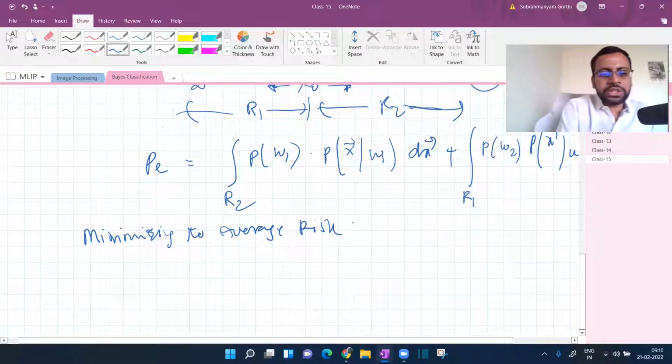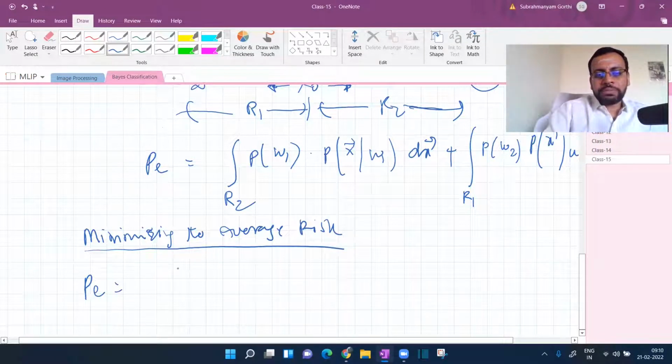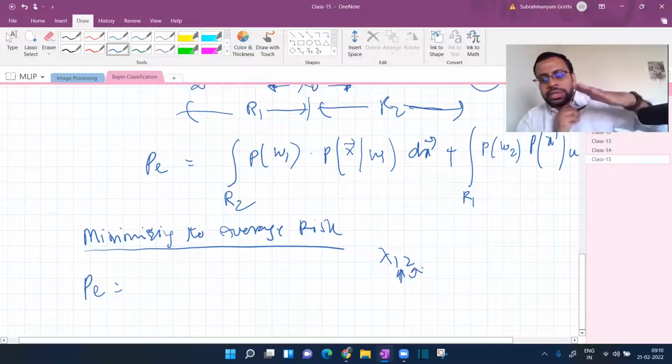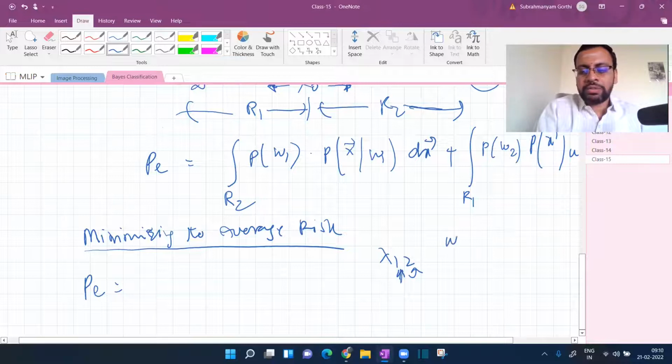For two classes, I could write the probability of error like this. Let lambda 1,2 say that something actually belongs to class 1, but it has been put into class 2, which you don't want. Let's say omega 1 is a malignant tumor, and omega 2 is a benign tumor.